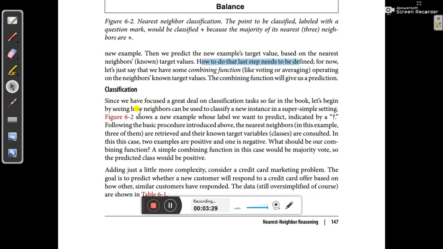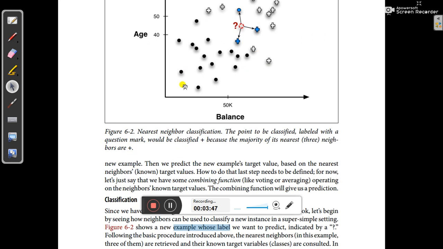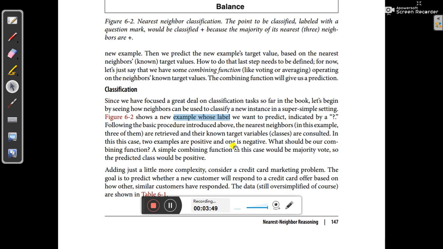Since we have focused a great deal on classification so far in our course, let's begin by seeing how neighbors can be used to classify a new instance in a super simple setting. Figure 6.2 shows the same example discussed here.